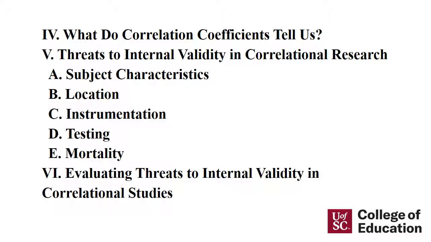Step 2, ask, what is the likelihood of each of these factors also affecting the other variable being correlated with the first? A factor must be related to both variables to be a threat. Step 3, evaluate the various threats in terms of their likelihood, and plan to control them. If a given threat cannot be controlled, this should be acknowledged and discussed.